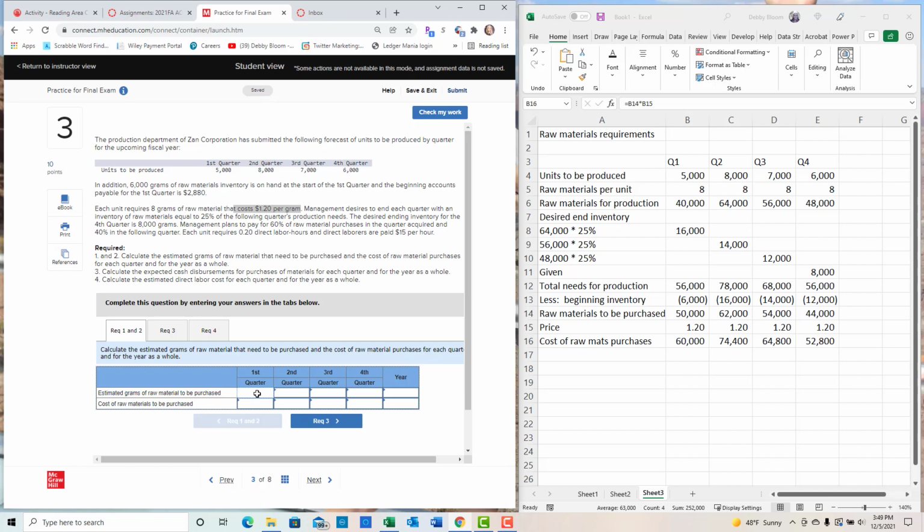So our estimated grams of raw materials to be purchased, 50,000, 62,000, 54,000, and 44,000. Now they need a total for the year. Very easy to calculate in Excel, just use the auto sum, 210,000.